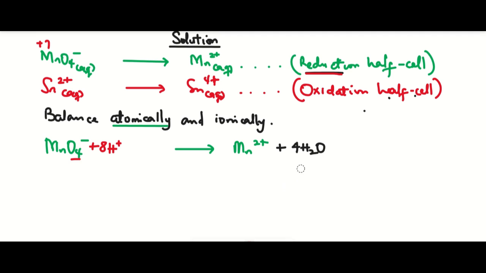Now let's check if the atoms are correct. We have 1 atom of manganese, and here we also have 1 atom of manganese. Note that counting the number of manganese present, you are to pretend as if this 2+ does not exist. Also, we have 4 atoms of oxygen, and here too we have 4 atoms of oxygen, because this is invisibly 1, and hence we have 4 times 1, which gives us 4 atoms of oxygen, right?